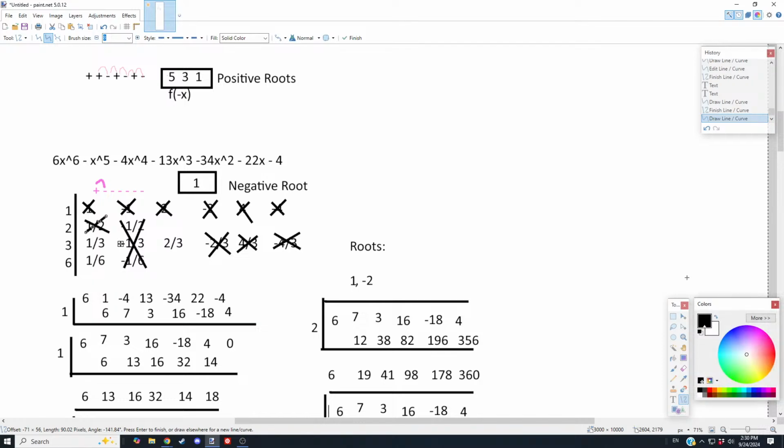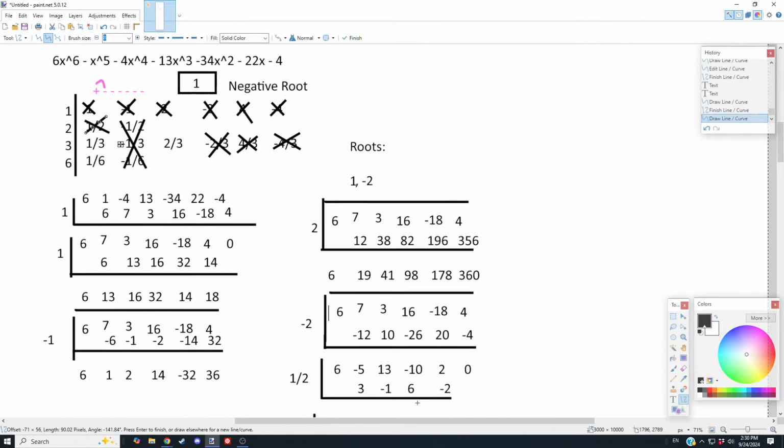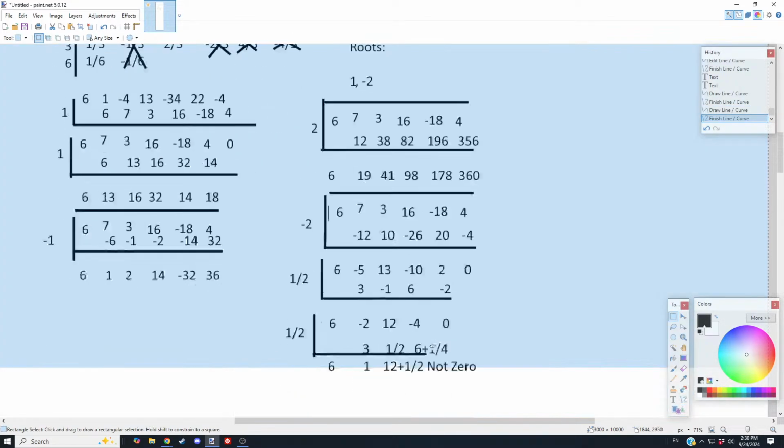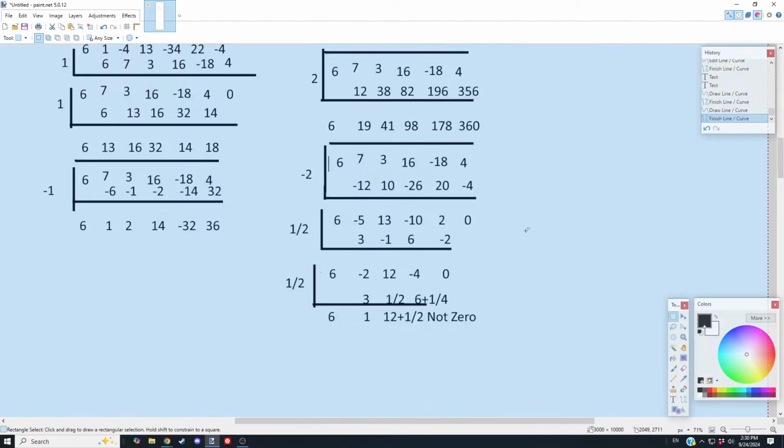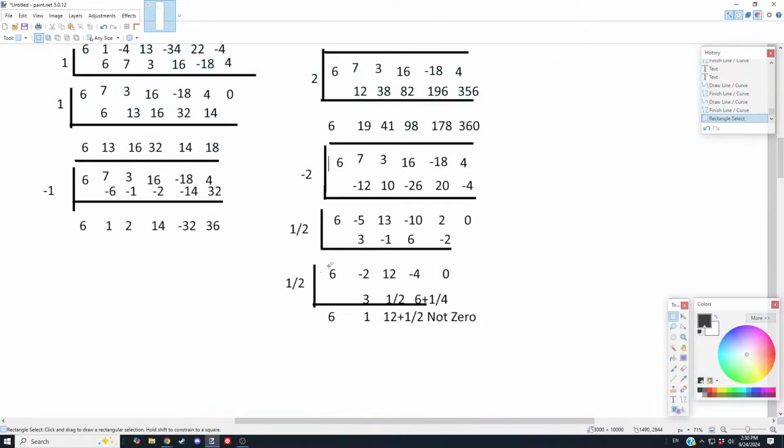1/3 looks like the next root for us, so let's use that. We will go back to the previous row that worked for us. This one, copy it.